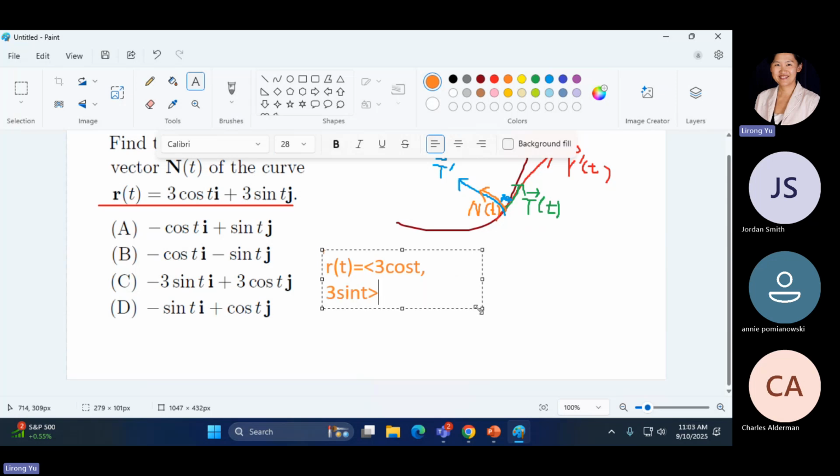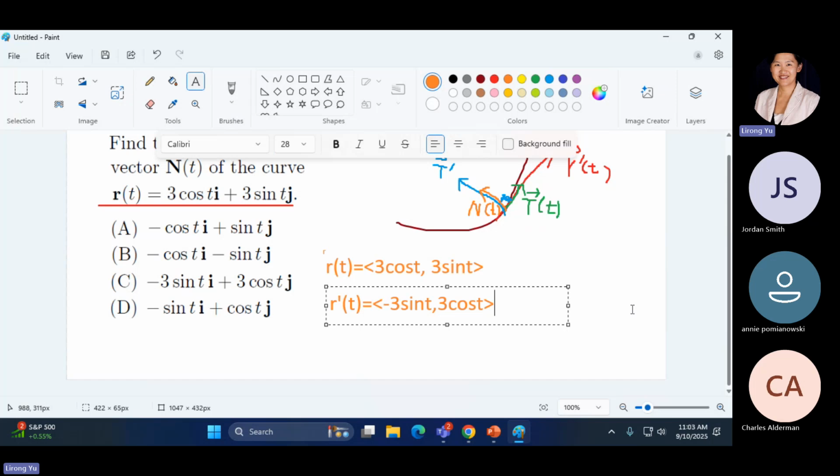The first thing is we find the derivative, r prime of t. The derivative of cosine is negative sine, so it's negative 3 sine t. The derivative of sine is cosine, so 3 cosine t. And that is the derivative. And you have a new answer.